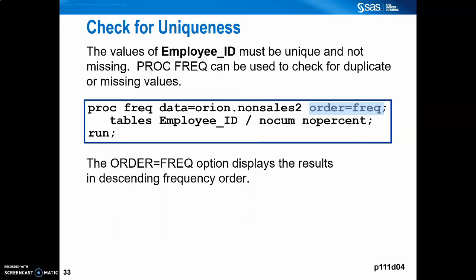In order to check that uniqueness, we can also use the PROC FREQ step, in which we use the option ORDER=FREQ. The ORDER=FREQ option displays the results in descending frequency order.